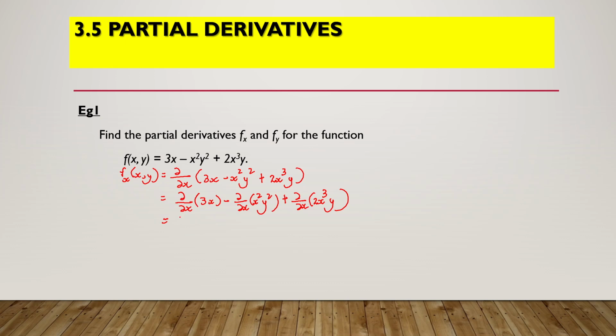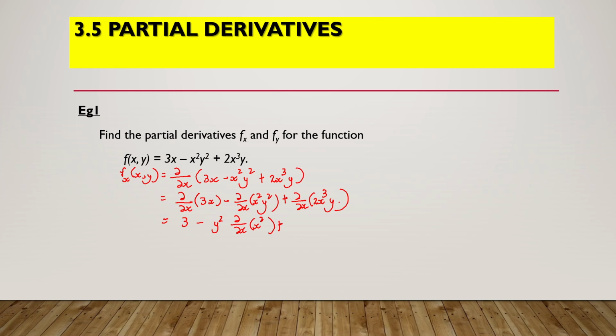So del del x of 3x you have 3. When you del del x, y is constant, so this y squared is constant times x squared. You can factor out that y squared because it's constant. So you del del x of x squared.